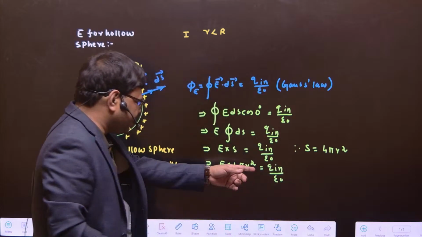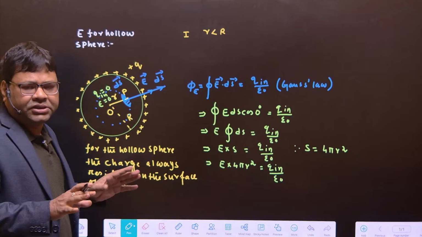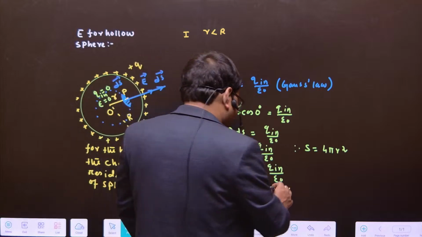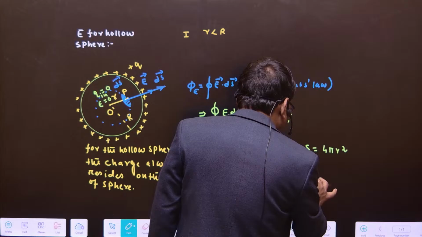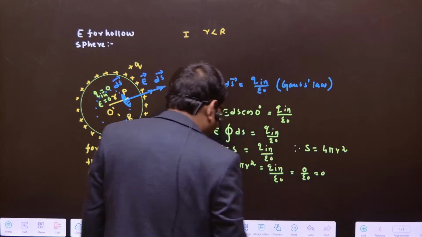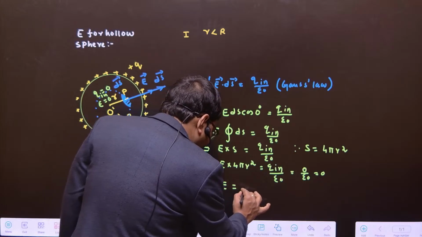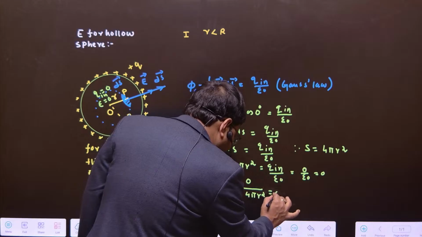And I have already told you q in is 0 because the sphere is hollow. Inside there is no charge, no existence of charge. So instead of q in we can write 0 divided by epsilon naught, which is equal to 0. From this relation, 0 divided by 4 pi r square is 0.